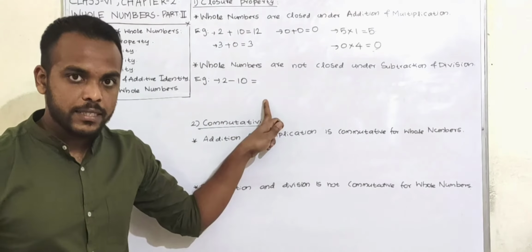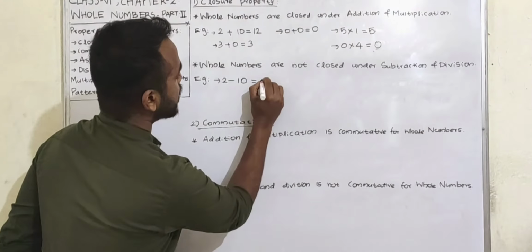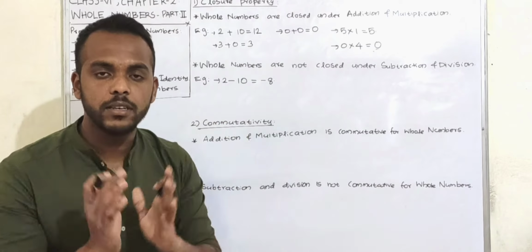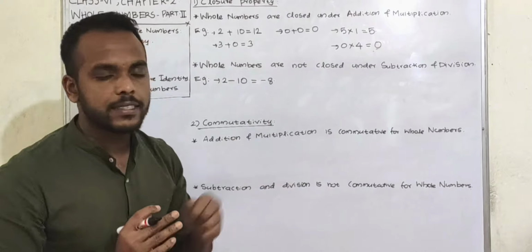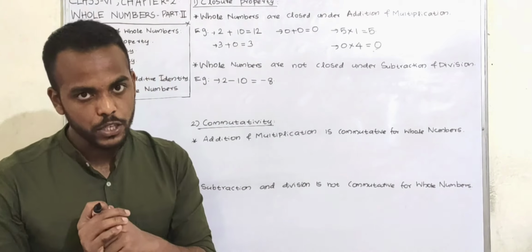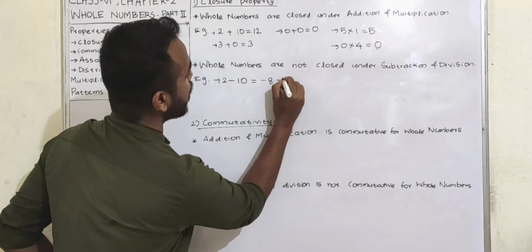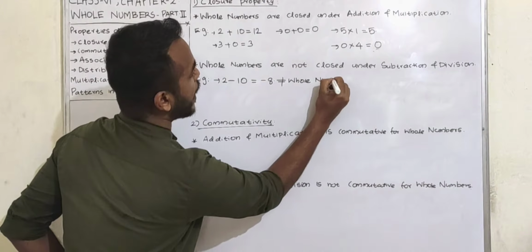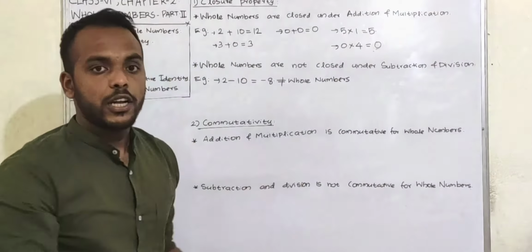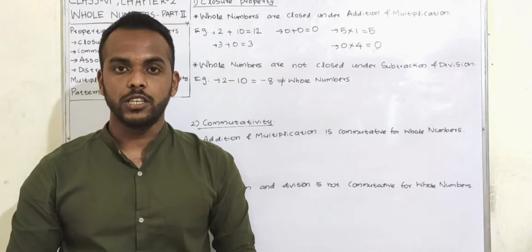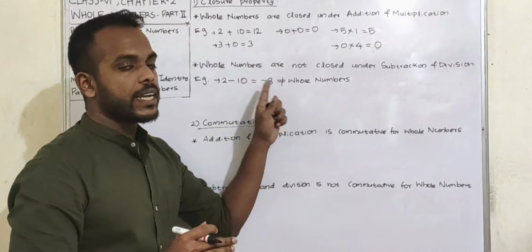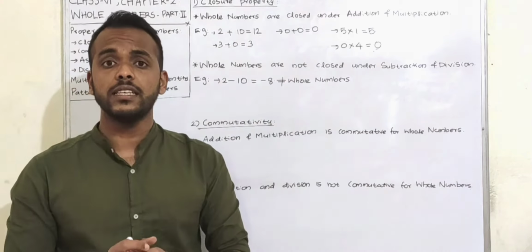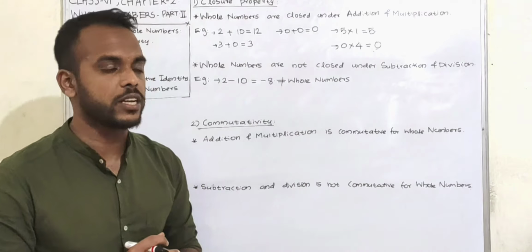The value is negative 8. Have you seen this number in the whole numbers collection? Is minus 8 a whole number? No, it is not a whole number. So, the answer is out of the whole numbers collection. So, we can say whole numbers are not closed under subtraction.